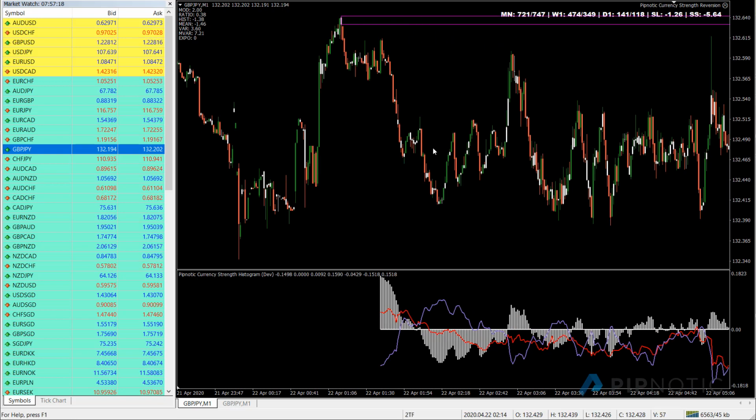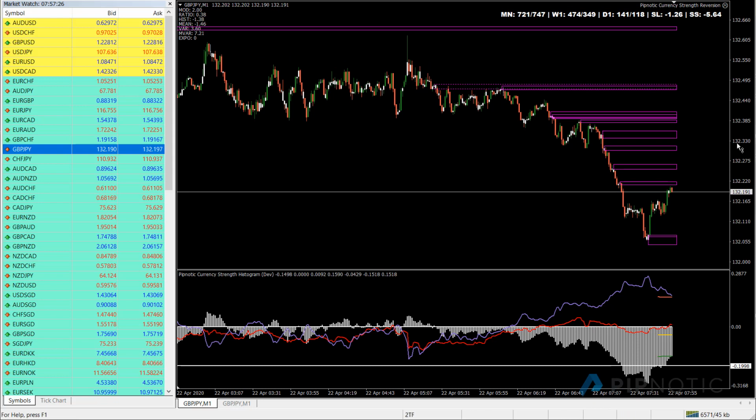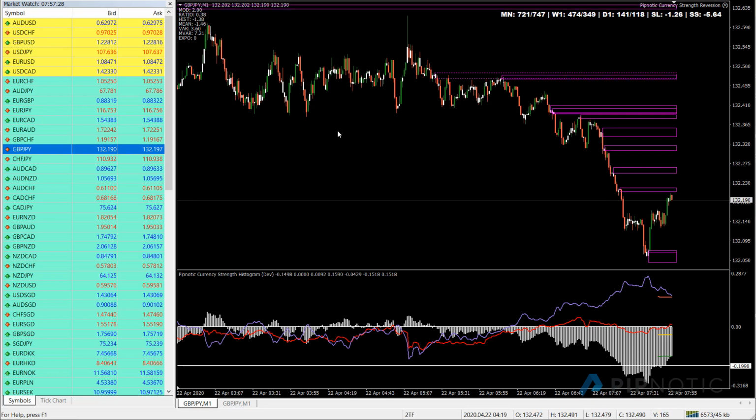So it's very exciting. It's a very exciting methodology. It gives you tremendous risk reward, and I mean the entries are very precise because you can base them on currency strength. So you're getting at the extreme areas, but you're also doing so at areas of supply and demand.